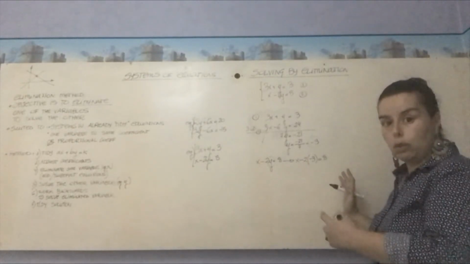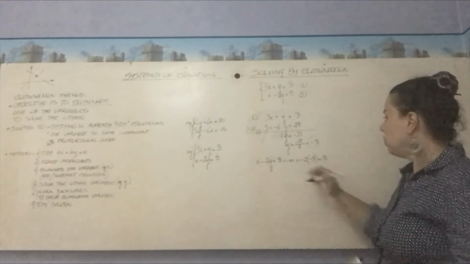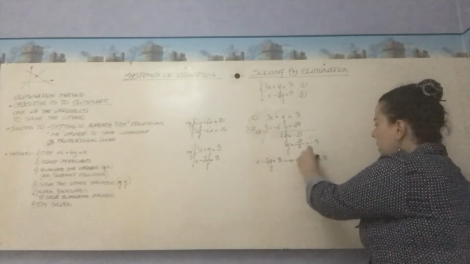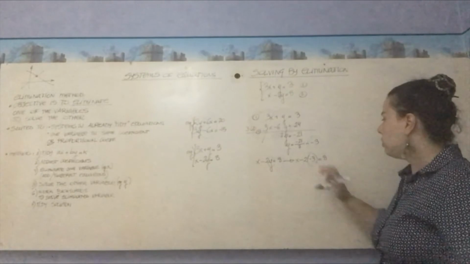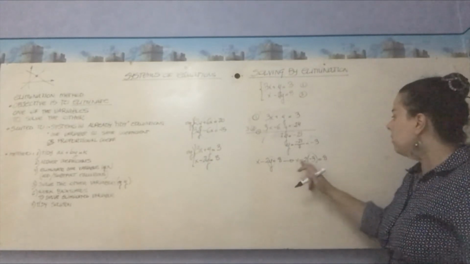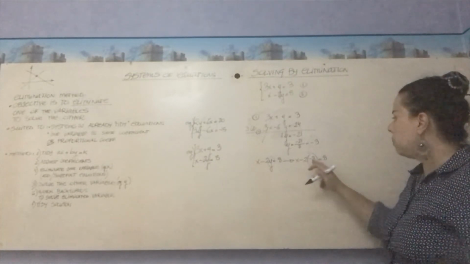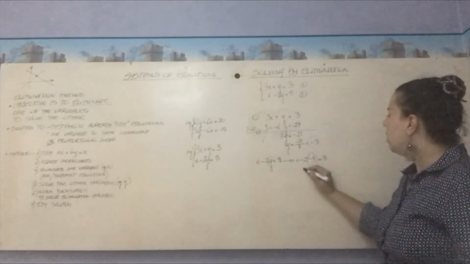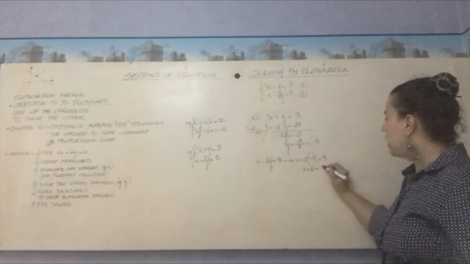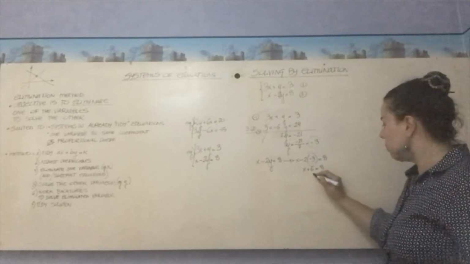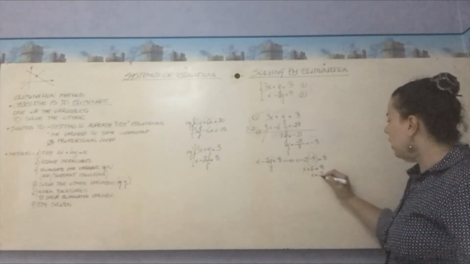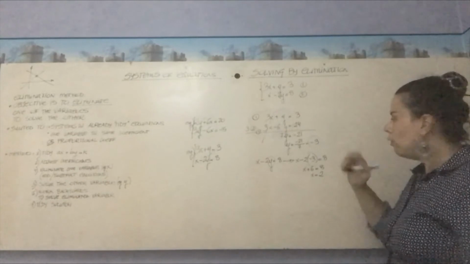And again, not that you would need to write it, but just so you know what we did: we put this minus 3 in lieu of the y. Okay, x minus 2 times minus 3 is plus 6, equals 8. This would pass subtracting, x equals 2.